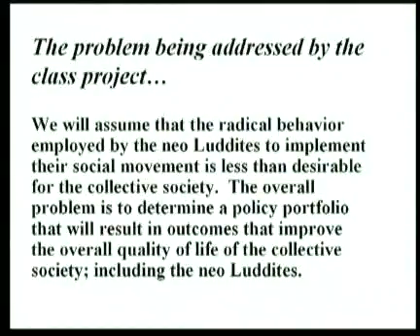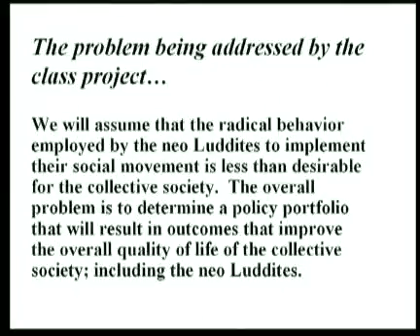Okay, another question I got on the internet about this project was, so remind me again what the project definition is, the problem. So I'm trying to do that again here. I've elaborated a bit more on it here. We will assume that the radical behavior employed by the Neo-Luddites to implement their social movement is less than desirable for collective society. I don't think anybody would argue with that.